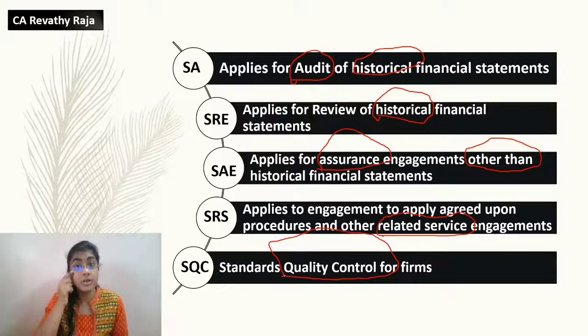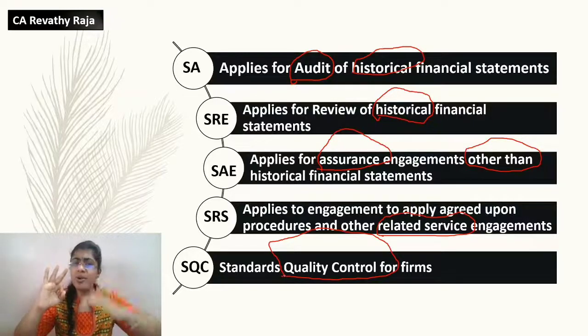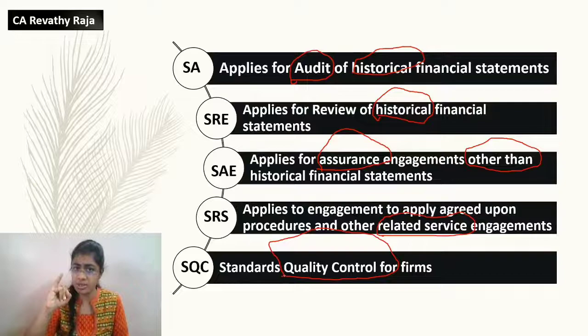Clear? So to conclude, once more, SA, audit, reasonable assurance, historical. SRE, review, historical financial statements, but you give a limited or moderate assurance. Third, SAE, it is assurance other than historical, either reasonable or moderate assurance.